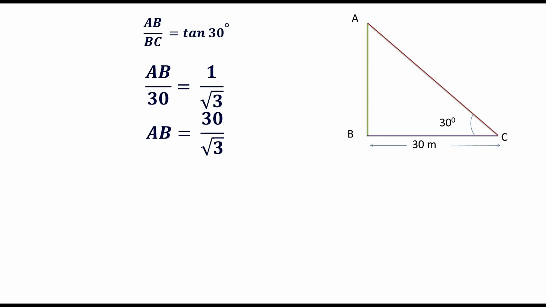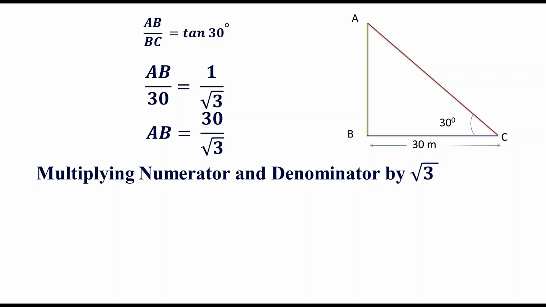Again by cross multiplication, AB is equal to 30 will multiply to 1. So 30 and root 3 is already in denominator. So AB is equal to 30 by root 3. Again, for rationalizing the denominator, multiplying numerator and denominator by root 3.